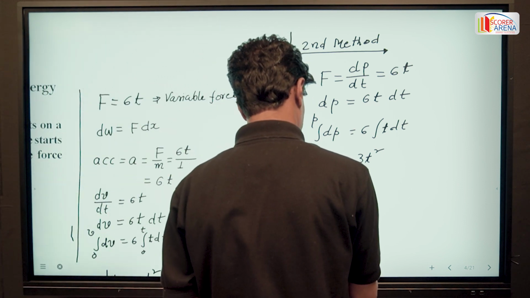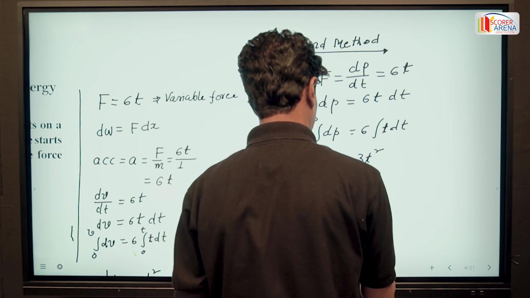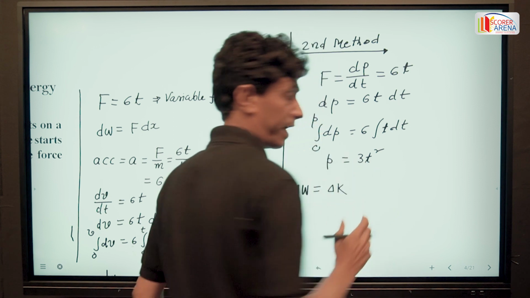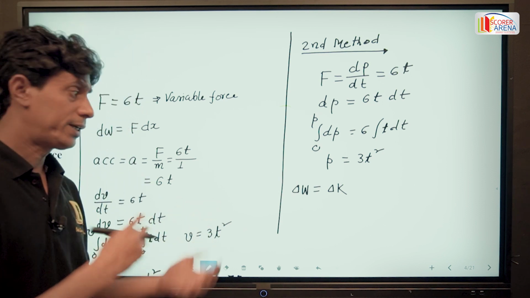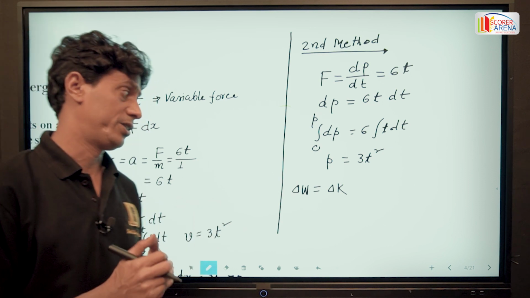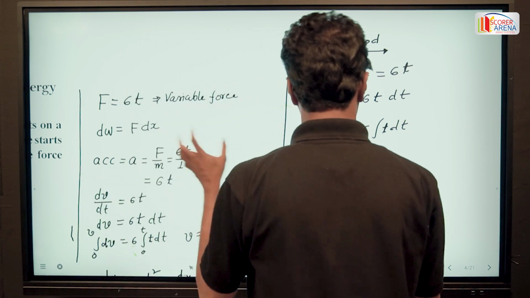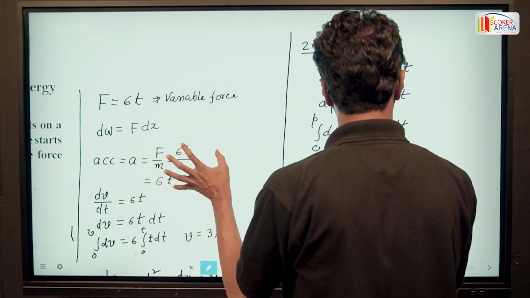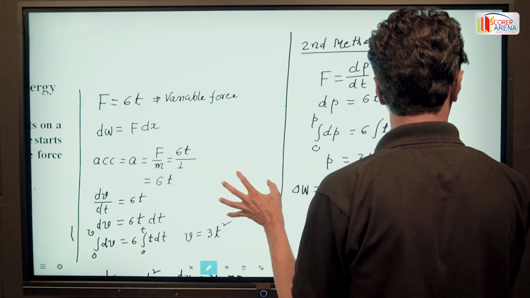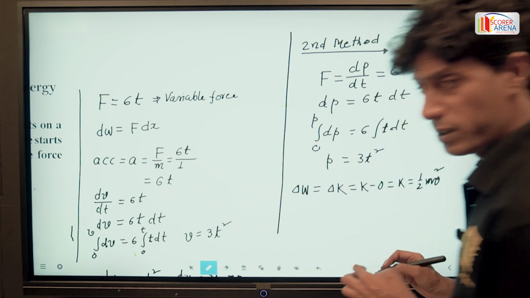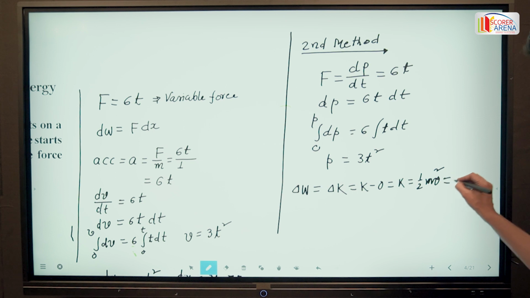We know del W is equal to the change in kinetic energy, provided that there is no change in potential energy. Since the particle starts from rest, it is K minus 0 is equal to K, and it is half mv squared, and half mv squared can be replaced by momentum squared by 2m.